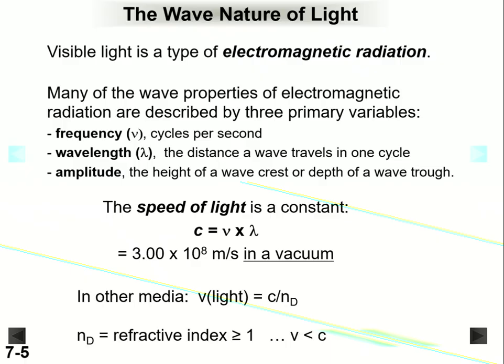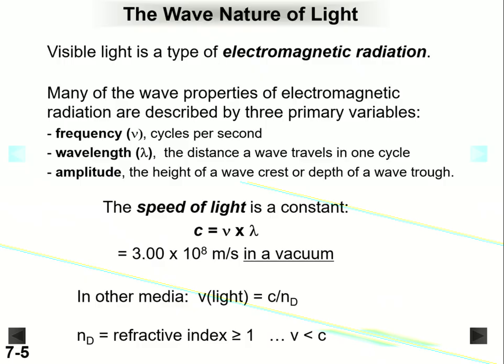It turns out in other media, the velocity of light, or for translucent samples, electromagnetic radiation in general, is given by the speed of light divided by what we call the refractive index, n sub d. The refractive index is a constant. It's greater than 1, it's close to 1 for air, and it's equal to 1 in vacuum.